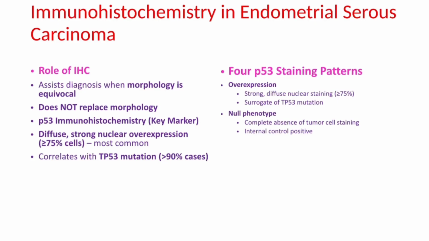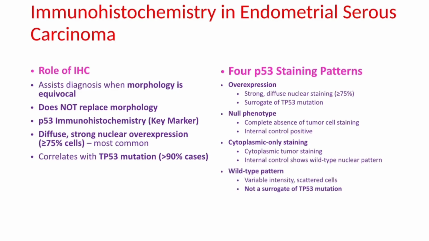Null phenotype means total absence of tumor cell staining with positive internal control. The third pattern is cytoplasmic-only staining. So there is no nuclear staining, but the cytoplasm of the tumor cells shows positivity, and the internal control shows a wild type nuclear pattern.